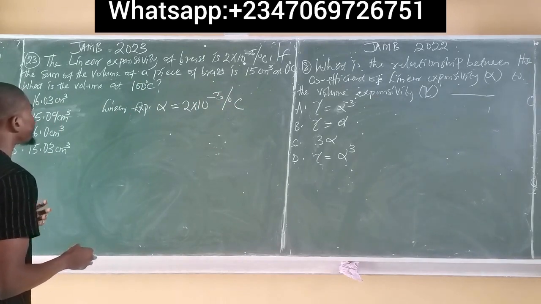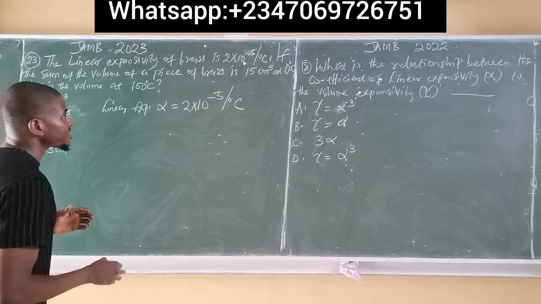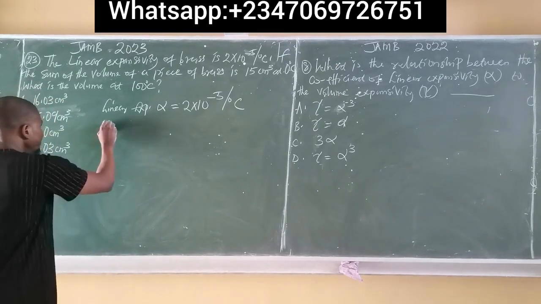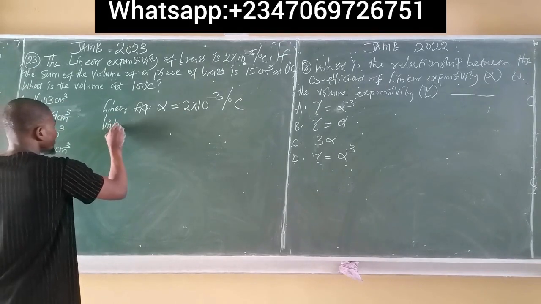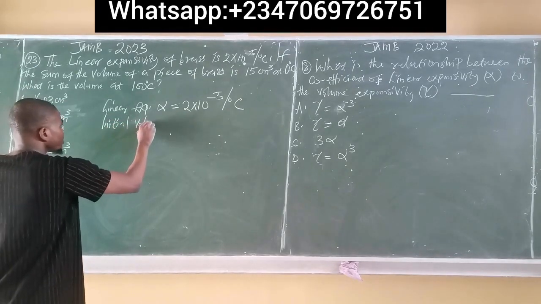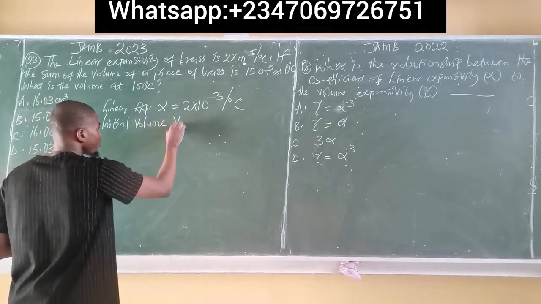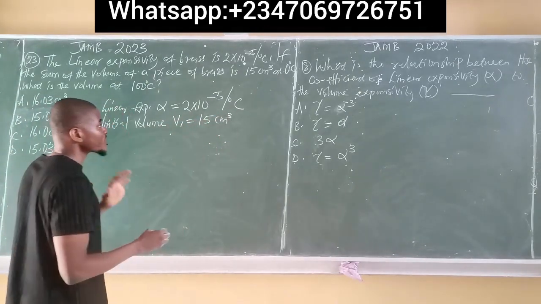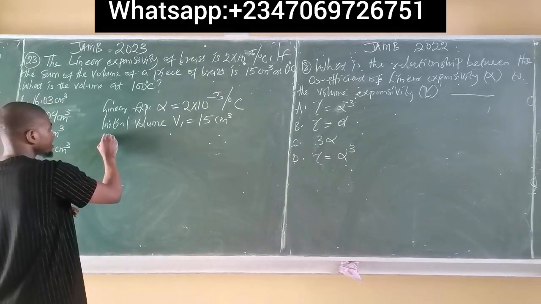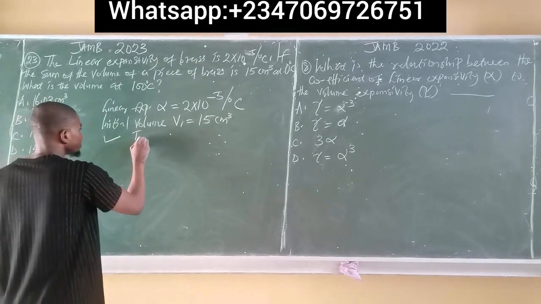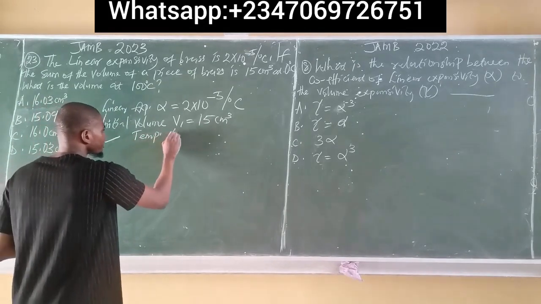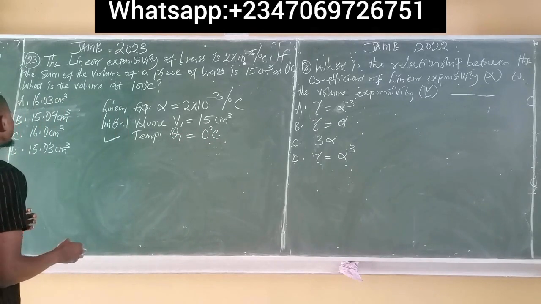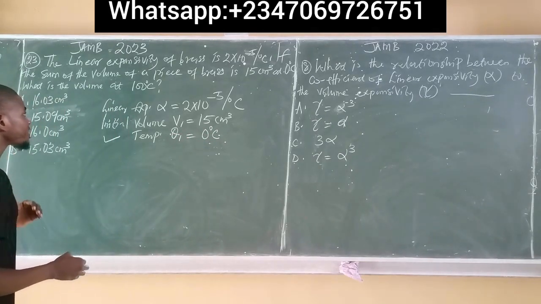Now, if the volume of a piece of brass is 15 centimeter cube at 0 degrees Celsius, so this means that initial volume, which is V1, is equal to 15 centimeter cube at 0 degrees Celsius. So which means initial temperature, which is theta 1, is given as 0 degrees Celsius.